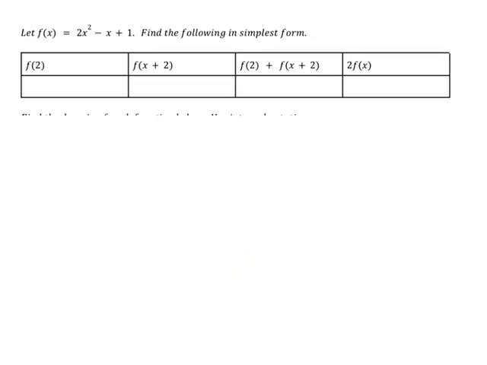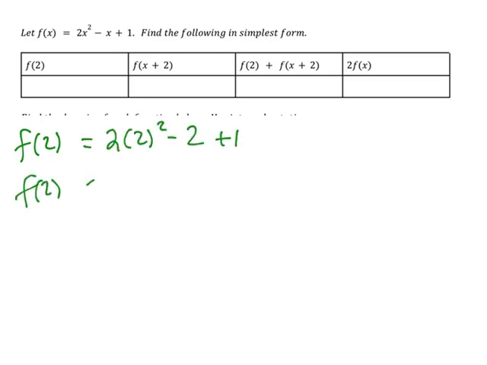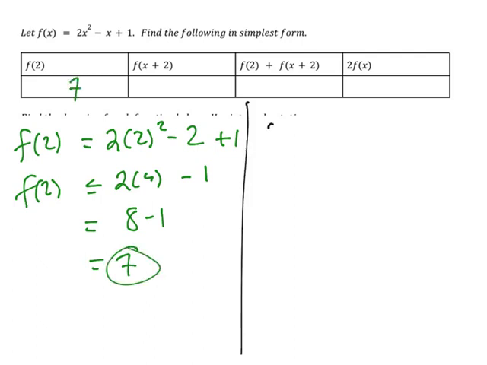Find the following in simplest form. The first one is just evaluate the function at 2, and we get a value of 7. The next one, we're going to input x plus 2 everywhere we see an x: 2(x plus 2) squared minus (x plus 2) plus 1.